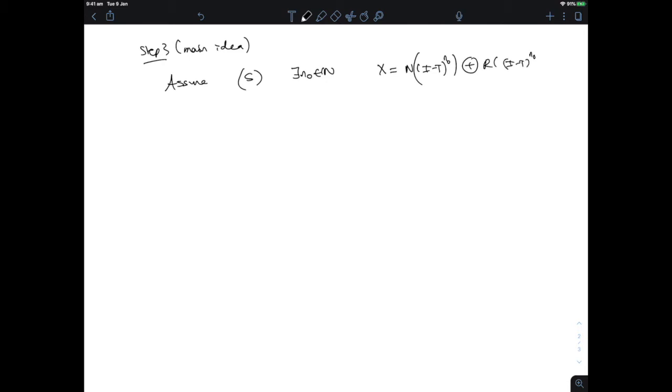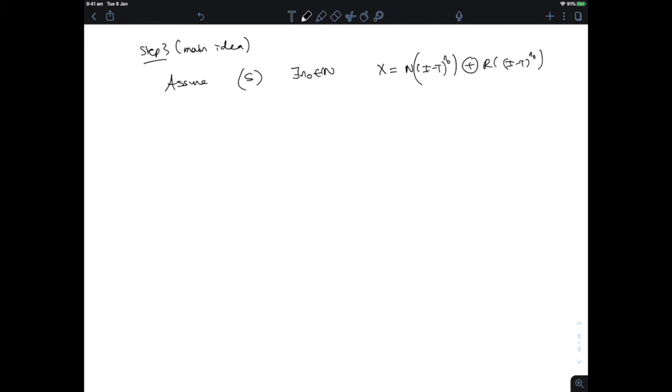Now, the main idea of the proof I'm going to explain in this step 3 is the following. If we assume a condition that I'm going to call the split condition, that is that there exists a certain power, not necessarily 1, but a certain power n_0 such that X splits as the direct sum of the null space of (I minus T) raised to the power n_0 plus the range of (I minus T) raised to the power n_0.